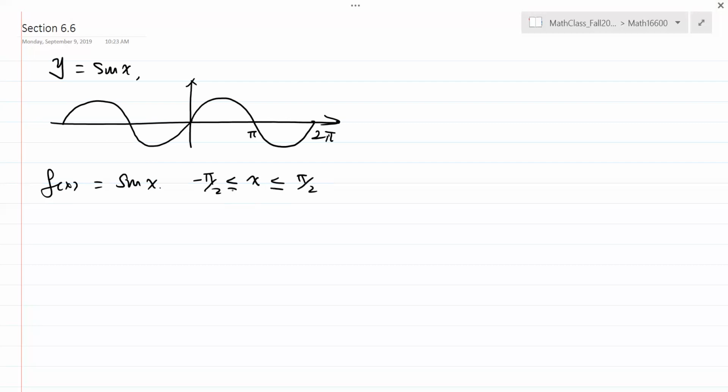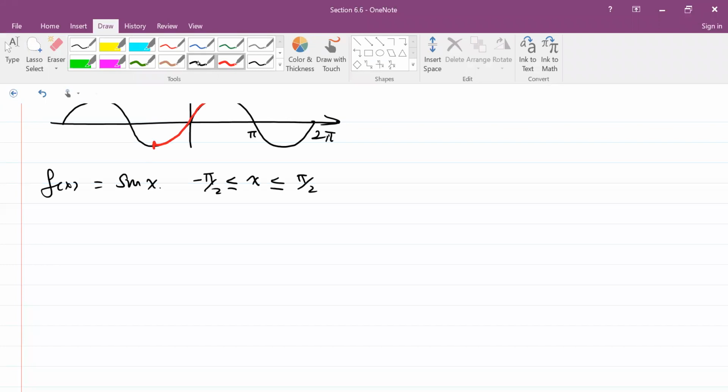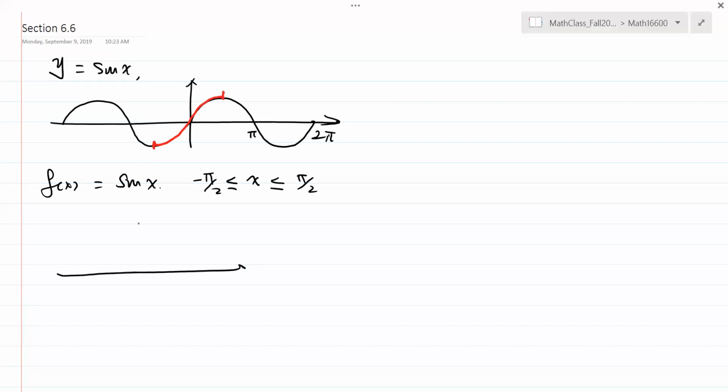So that small piece, okay, let's draw the curve here. It's going to be like this piece, this is the red curve, okay? So that piece is going to be an increasing function, right? Okay, only that piece. It's pi over 2. Here's negative pi over 2. So for this function, it has the inverse.